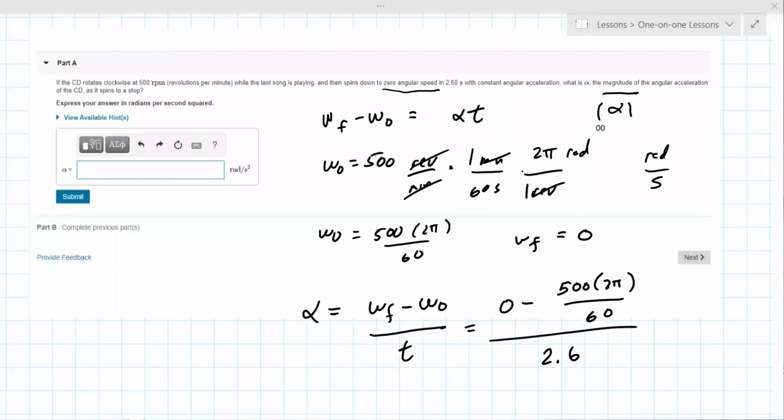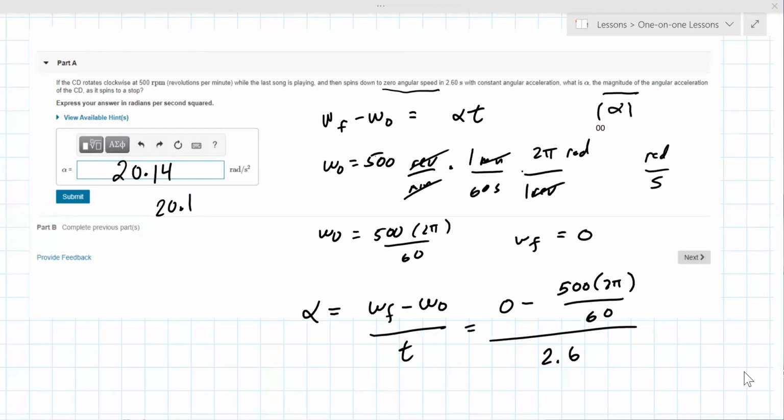Negative 20.13. Yeah, and like I mentioned, you have to take the absolute value of that number because it only wants the magnitude. So it's 20.14. That's probably too many. It's probably 3, so maybe 20.1 radians per second. That's correct.